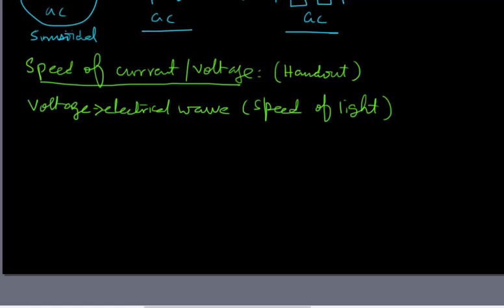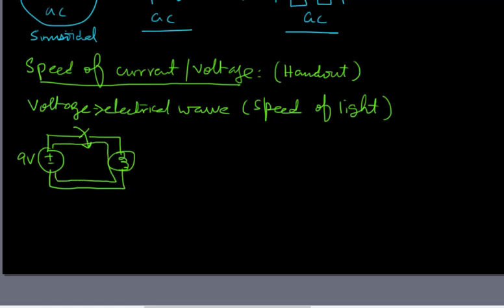For example, you have this battery, there is this switch, and there is this light bulb. And as soon as you turn this switch on, voltage spontaneously travels all across this circuit. So voltage travels at the speed of light.